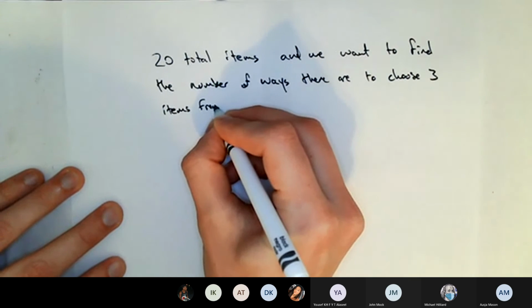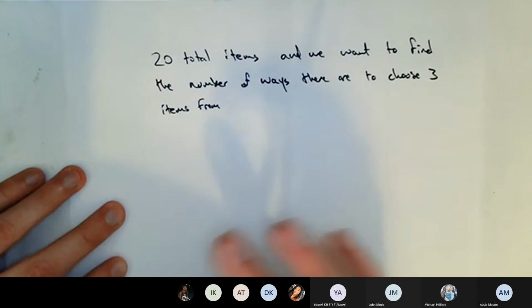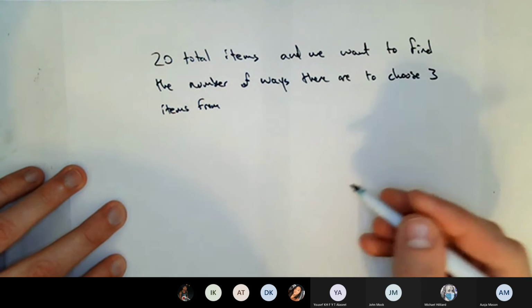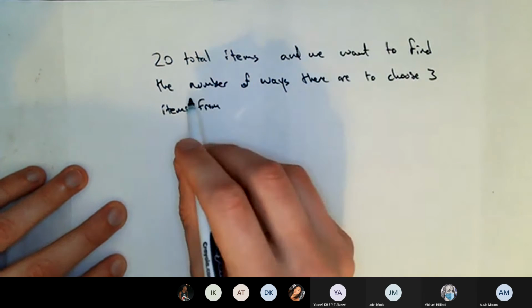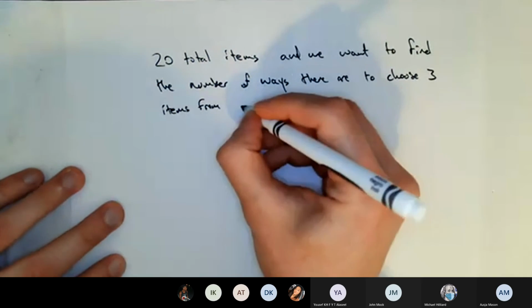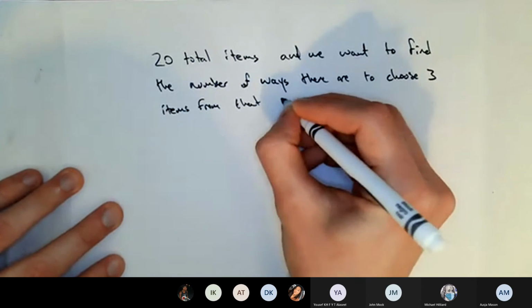That's the question that you should be asking for finding the size of the sample space. In other words, finding the denominator of the probability. So there are 20 total items, and we want to find the number of ways there are to choose 3 items from that group of 20.